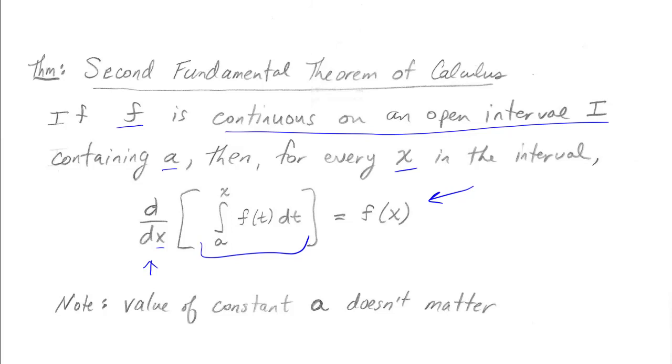Okay, a couple of things to notice here. This a had no effect. This a didn't matter because it doesn't come into anything with the end result. So it doesn't actually matter what constant we're starting at the bottom there.